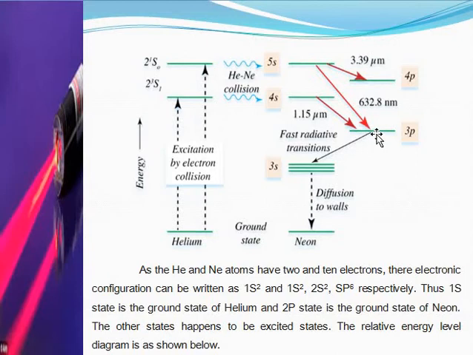The other transition from 4s to 3p results in the emission of infrared radiation by means of spontaneous emission. The transition further takes place from 3p to the 3s metastable state.